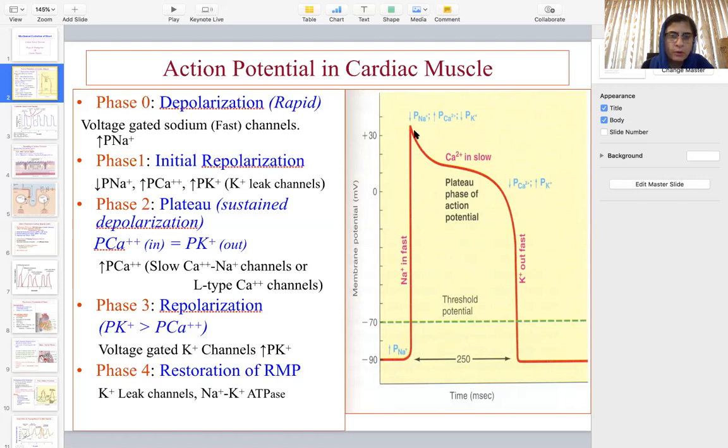It causes the opening of the voltage gated potassium channels and efflux of potassium, which causes the initial repolarization of the action potential, which is called phase 1.